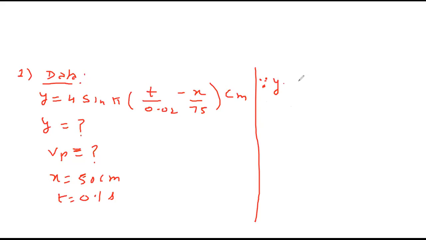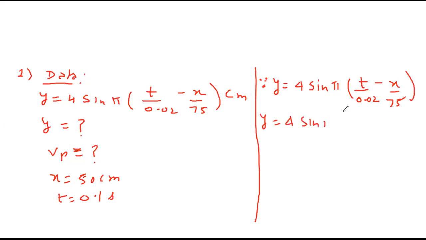So y is 4 times sine of pi (t upon 0.02 minus x upon 75). So that means it becomes sine of pi (time is 0.1 upon 0.02 minus x is 50 upon 75). 25 into 3, 25 into 2 is 50. So y will become 4 sine pi.